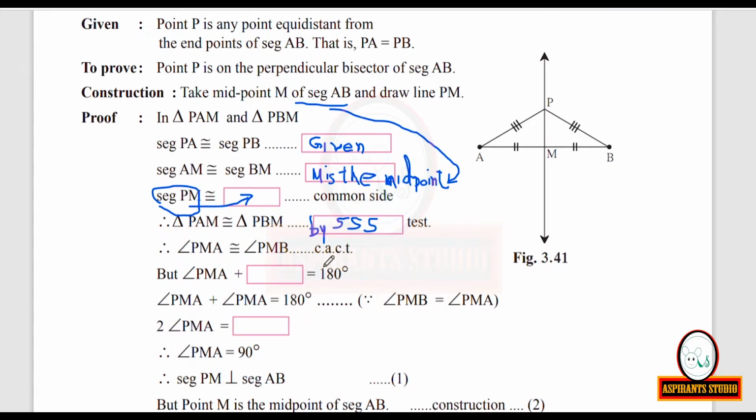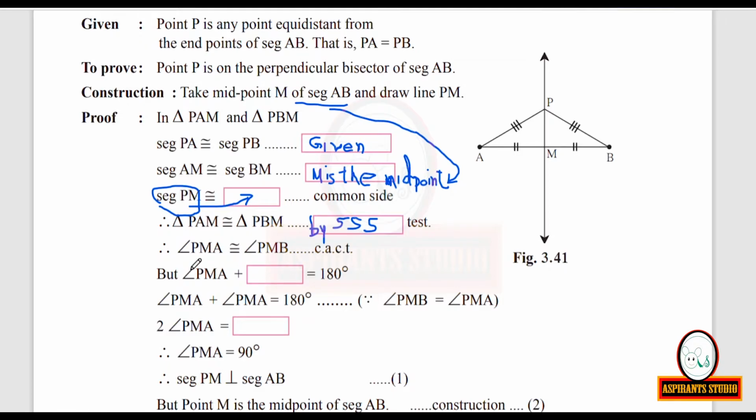Now, corresponding angles of congruent triangles. Because we want to prove PM is perpendicular to segment AB, that means we have to prove measure of angle PMA is equal to 90 degrees. Hence, we are going to consider angle PMA and angle PMB.